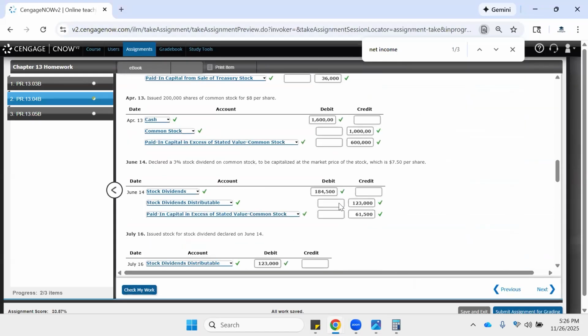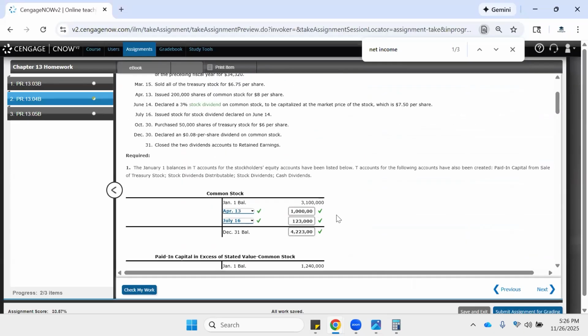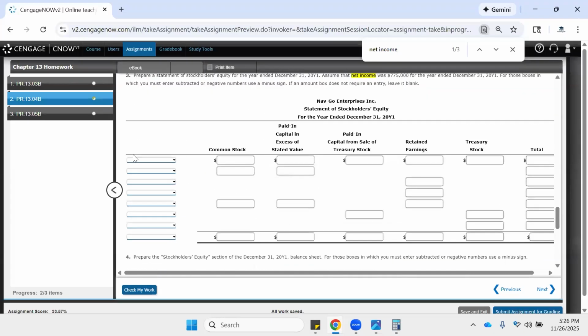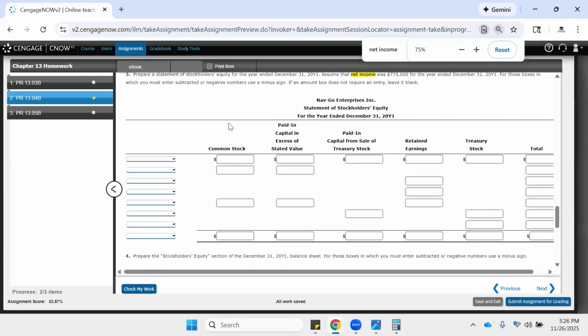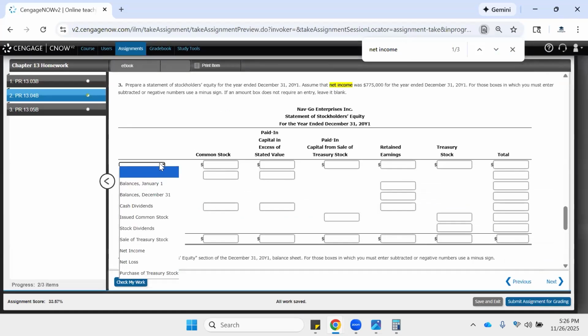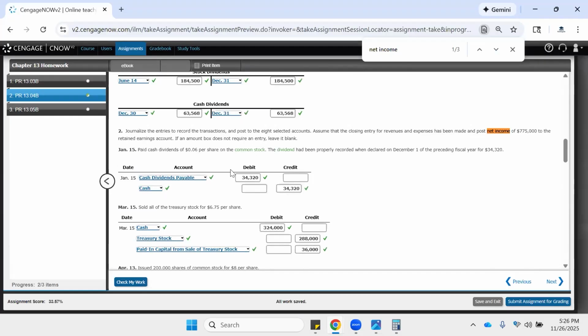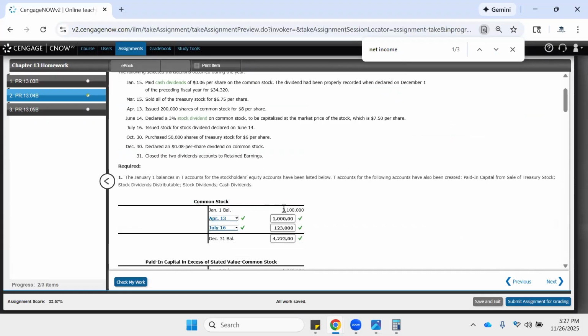And with that, we have all of our T accounts filled out and we have our ending balances. And now we have to fill out our statement of stockholders' equity. We start with our beginning balances, and that's going to be the beginning balances of all these T accounts here. So common stock, we had $3.1 million.